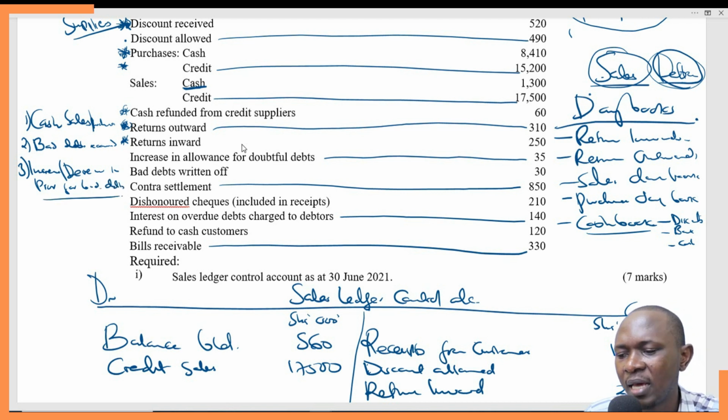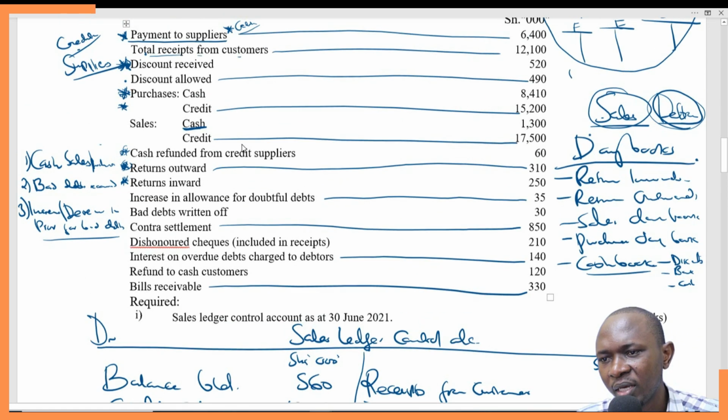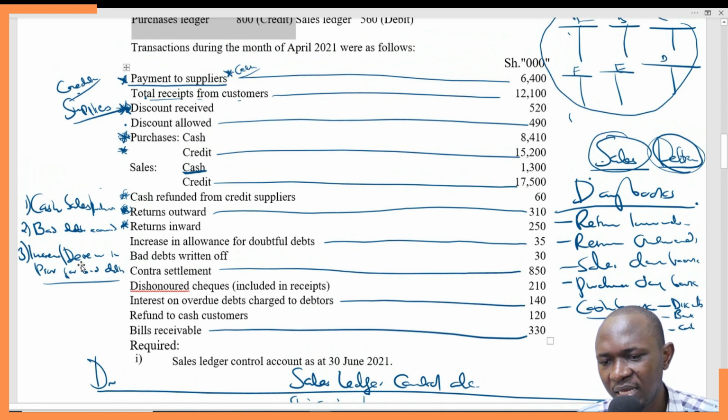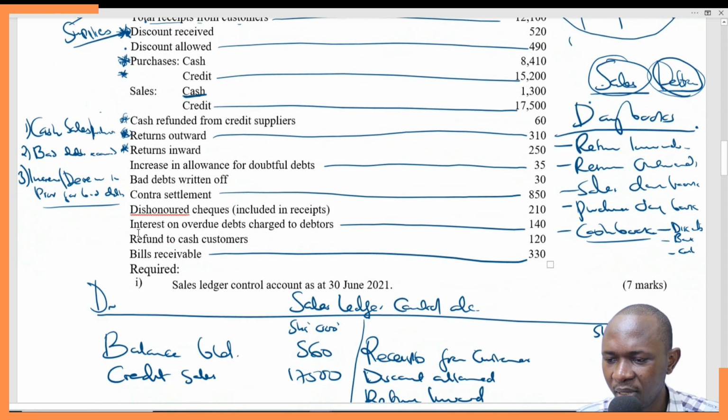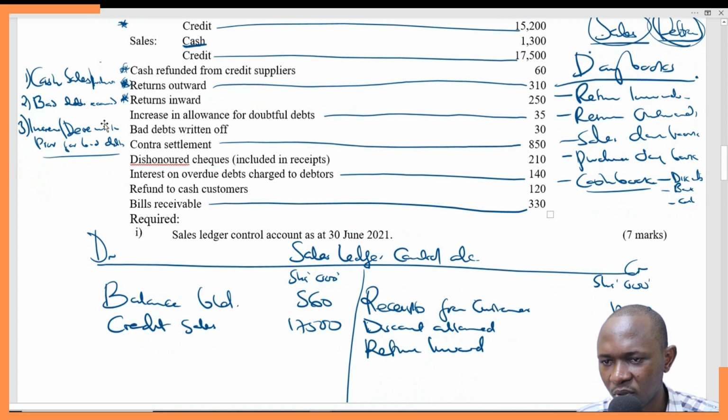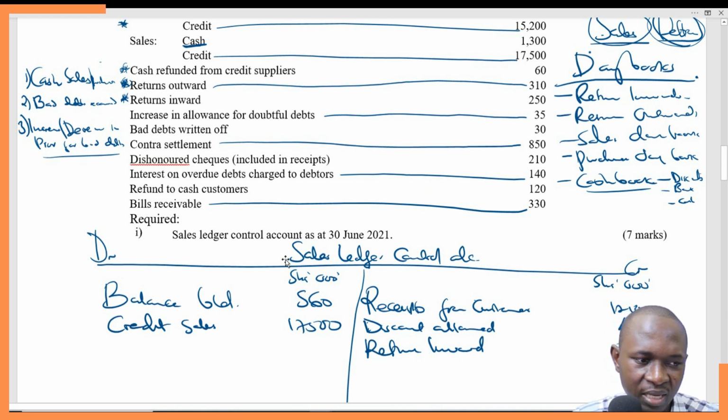This one also doesn't have a place in the ledger control accounts. You see these items, just keep them. They don't have any place in the ledger control accounts because they are not captured in the sales ledger that we mentioned. Instead, it's captured in the general ledger.